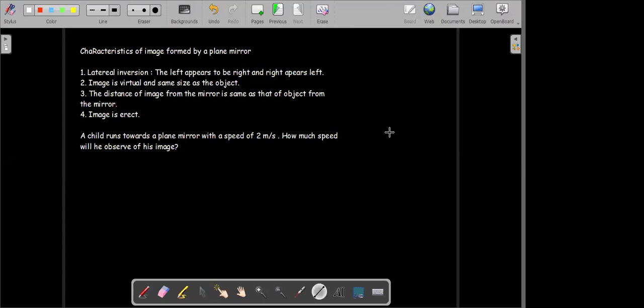So see here, you have the mirror. Let this be the polished side. You consider the object to be located at some distance here. The image is also located at the same distance. Let the initial distance between the object and the mirror be 6 meters.